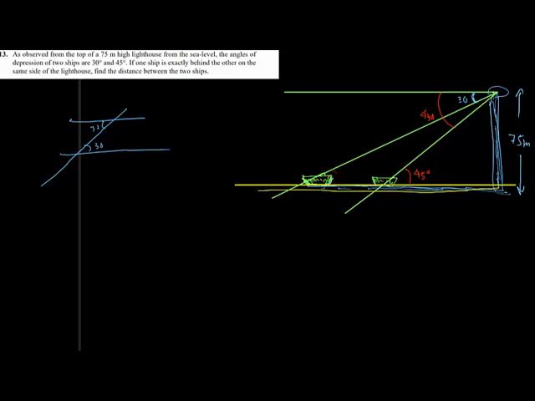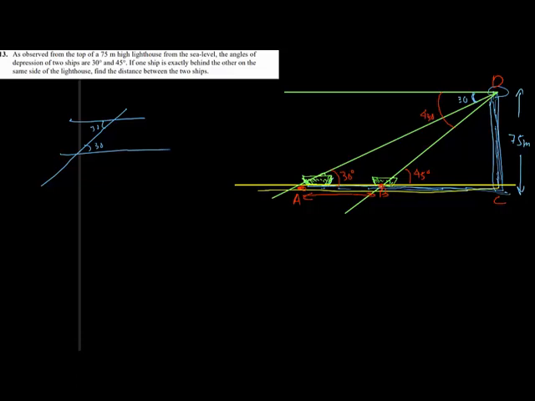So we got the two angles, and we can name the points now: A, B, C, and D. We have to calculate the distance between the two ships. That means the distance from A to B. So AB we have to calculate.